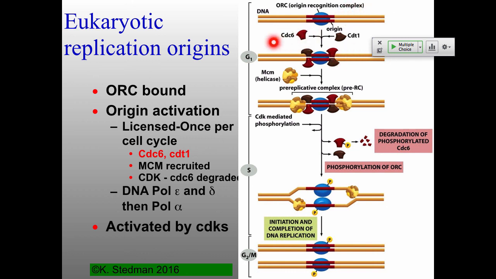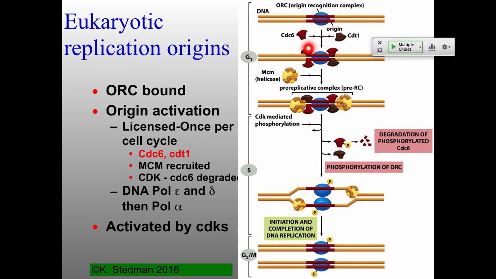Then you have these two funky proteins that come in and bind this origin recognition complex, Cdc6 and Cdt1. Cdc stands for cell division cycle, and if you have a mutation in one of these, you have problems in your cell cycle. So that's where all that naming comes from. Cdc6 and Cdt1 are the licensing factors. They're basically the equivalent of the methylations you have in your E. coli DNA.